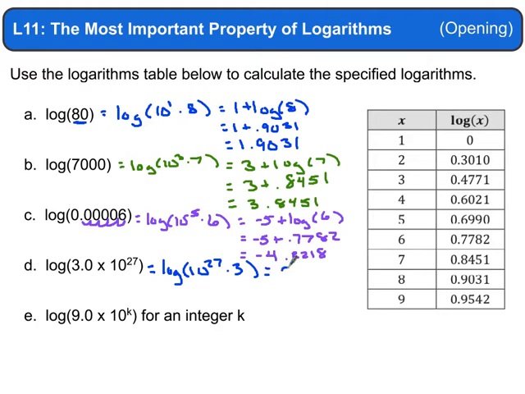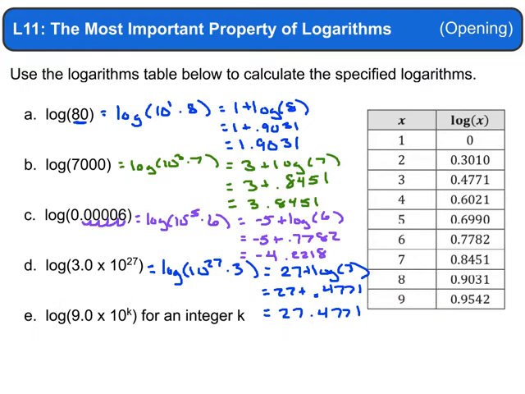So that means we're going to do 27 plus log 3. Log 3 is 0.4771. We add those together and we're going to get 27.4771.